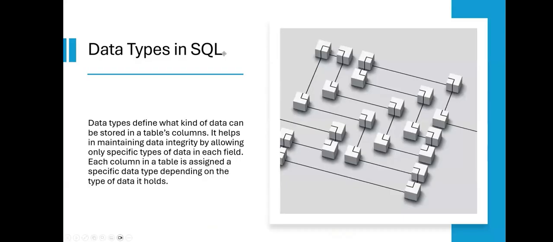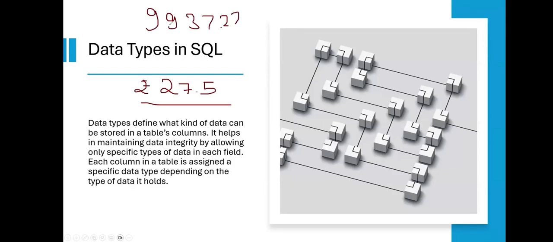The amount is also numerical data, but the amount can be a decimal. It could be rupees 27.5, right? But a phone number cannot be 9937.276. So this is mostly an integer value, or even character is fine. When your name is there, then it is a different kind of value.